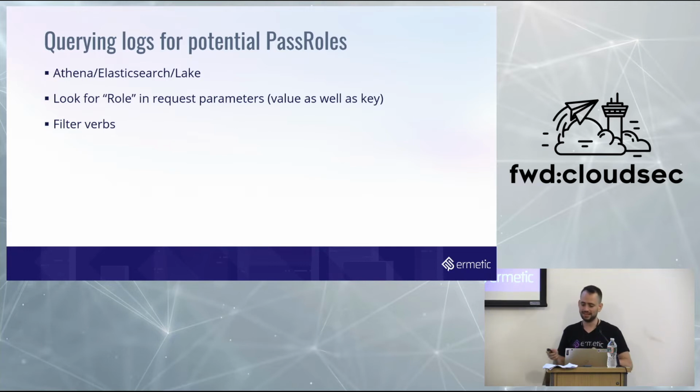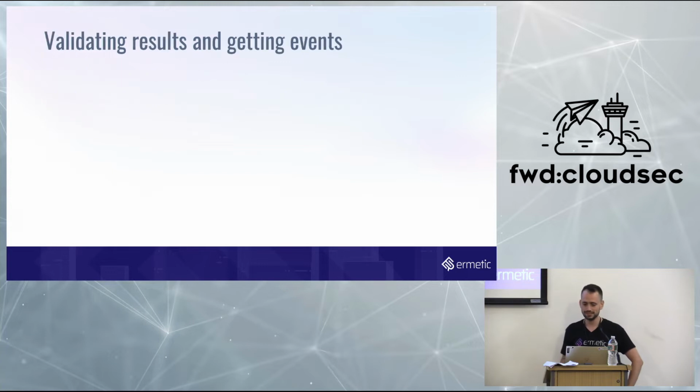Again, filter verbs, and you end up with this dual list that happily mostly overlaps. The overlap is very, very significant between these two lists. There's, I think, in single digits things that we were only able to trace through one of the ways.